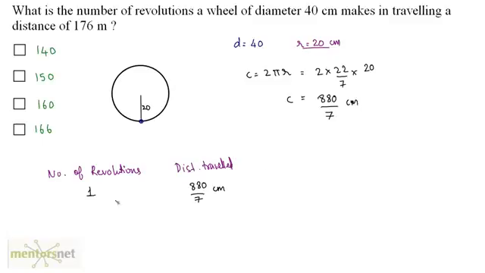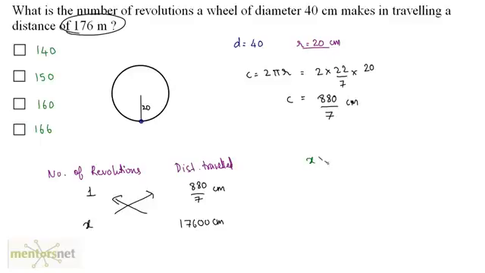Now we have been asked the number of revolutions which are required to travel a distance of 176 meters. So 176 meters can be written as 17600 centimeters.